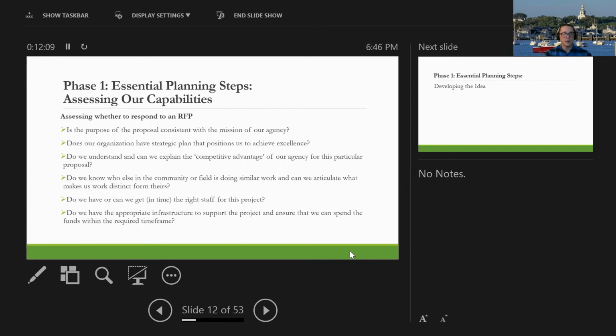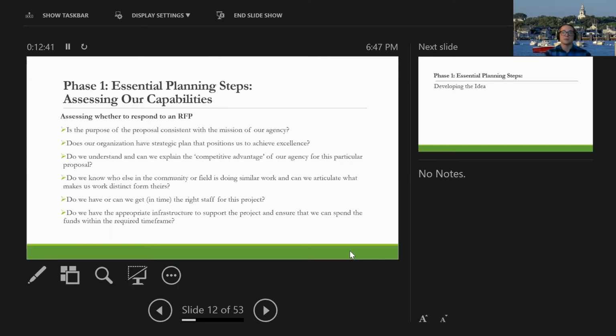Do we have or can we get the right staff for this project? So that's going to go into, do you have the appropriate capacity to carry out the proposed program? Do we have the appropriate infrastructure to support the project and ensure that we can spend the funds within the required time frame? Believe it or not, I have managed programs that were funded through grants where said program was not spending the allocated funds in time.